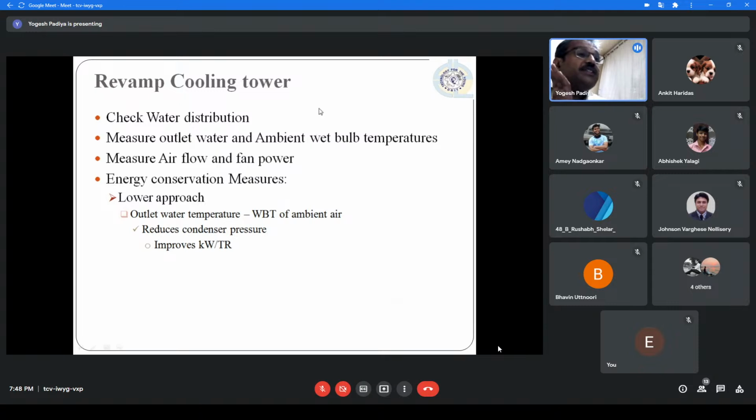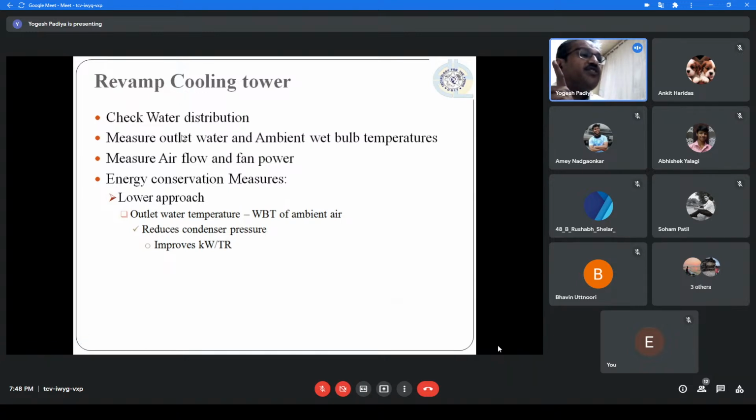If this temperature is 27 and that temperature is 32 or 35, it means that the cooling tower is not functioning properly. If the outlet temperature is 35, it means that through the condenser I am supplying hot water, and because of that the compressor power is more.